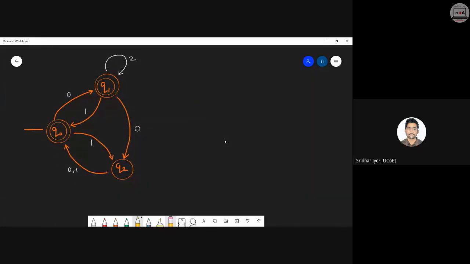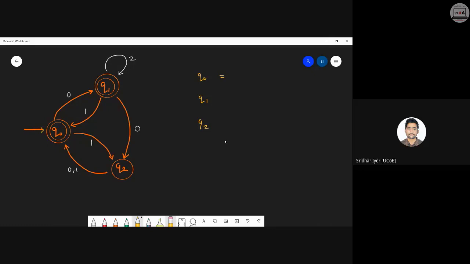Okay, first of all, start with the equations. This is the start state. We are having these equations Q0, Q1, and Q2, three states. Q0 is having incoming from Q1 as well as Q2, right?